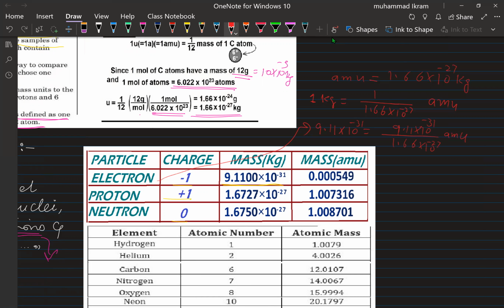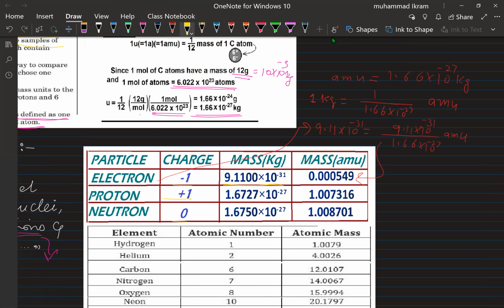So if you use your calculator, it will come out to be this number. Similarly, besides this, we also use another equivalence, and that is that one atomic mass unit is equal to this.